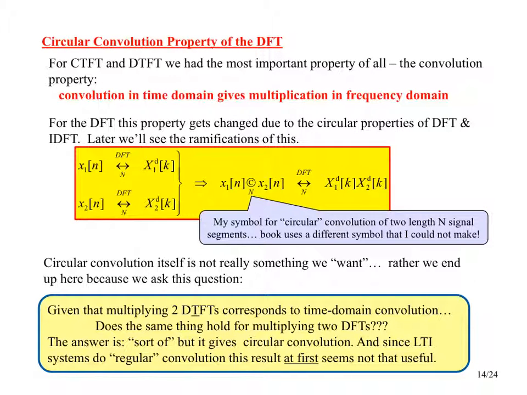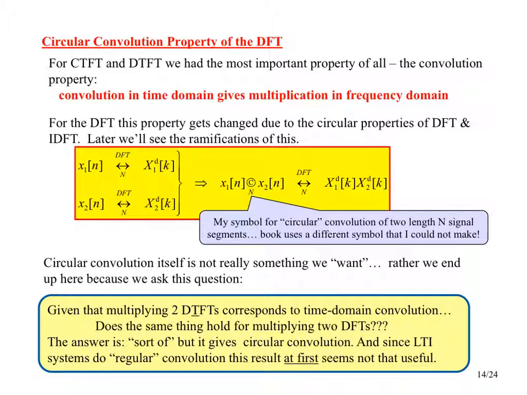And then finally we get to kind of the most important property of all Fourier transform properties, the convolution property. So for the regular CTFT and DTFT, the convolution property said that if we convolve in the time domain, that corresponds to multiplication in the frequency domain.